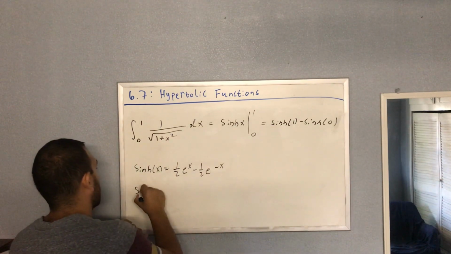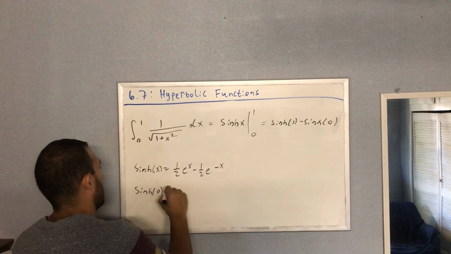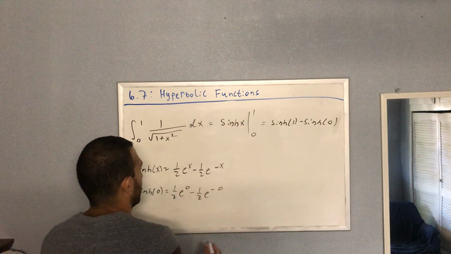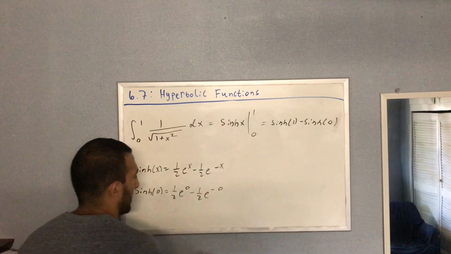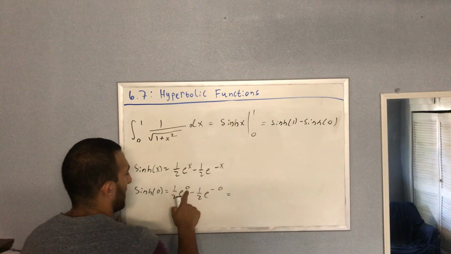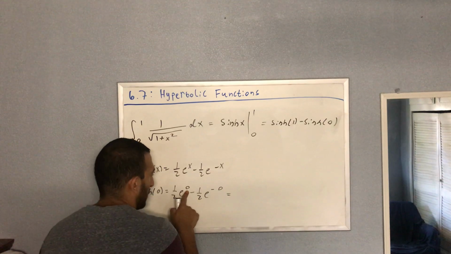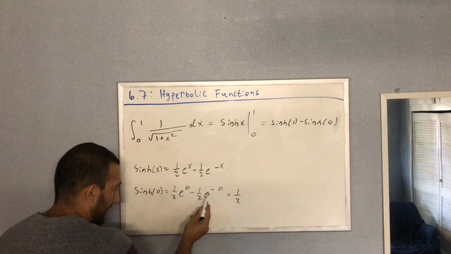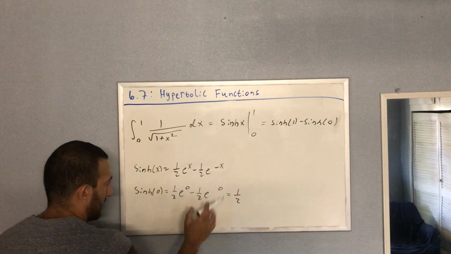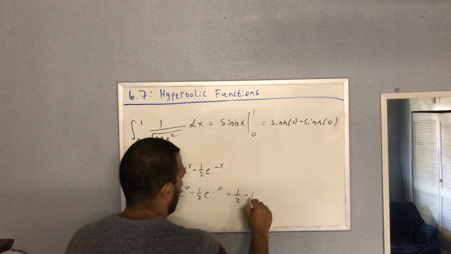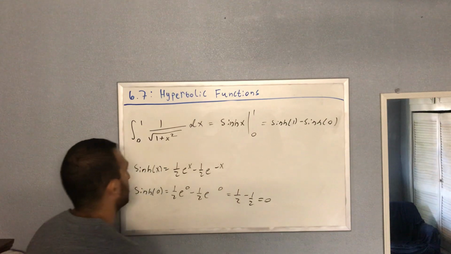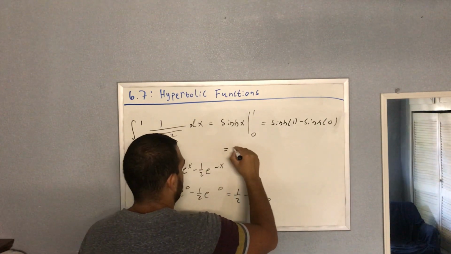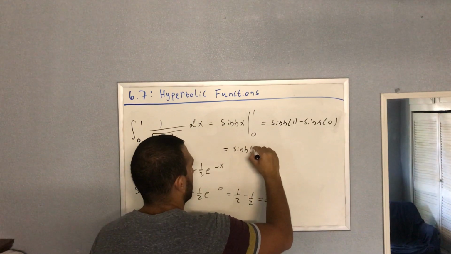If you plug 0 in, you get e to the negative 0. So e to the 0 is just 1, right? So 1/2 times 1 is 1/2. And then, negative 0 is 0, so you get the same thing here. So that just gives 0. So this piece is 0, and we're just left with sine h of 1.